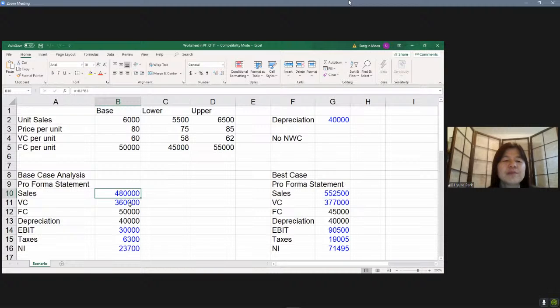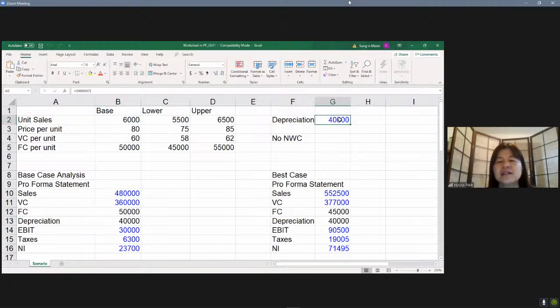And what's the variable cost? Variable cost should be how many units? 6,000 units, and 60 for the price. So 360,000 will be variable cost, and we subtract fixed cost as well and subtract the depreciation.